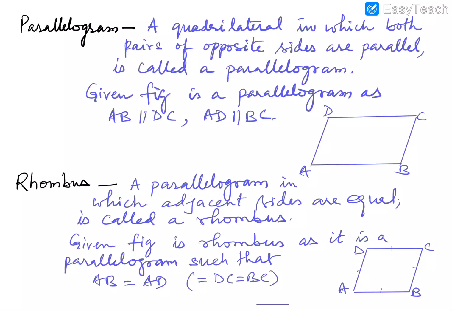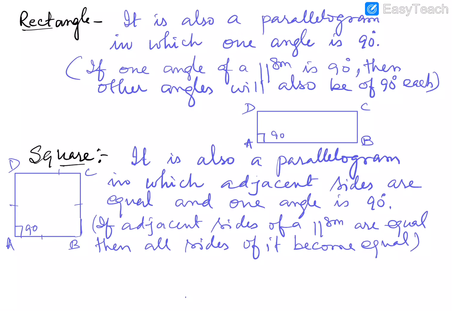So only to say that adjacent sides of this parallelogram are equal is sufficient to describe a rhombus. Now rectangle. It is also a parallelogram in which one angle is 90 degrees.